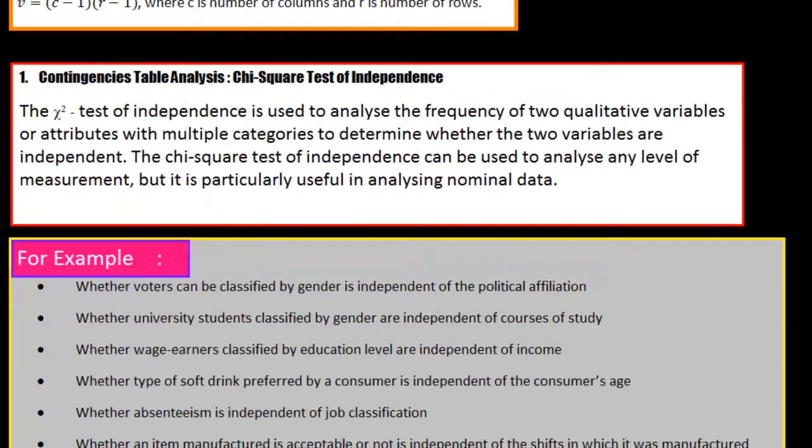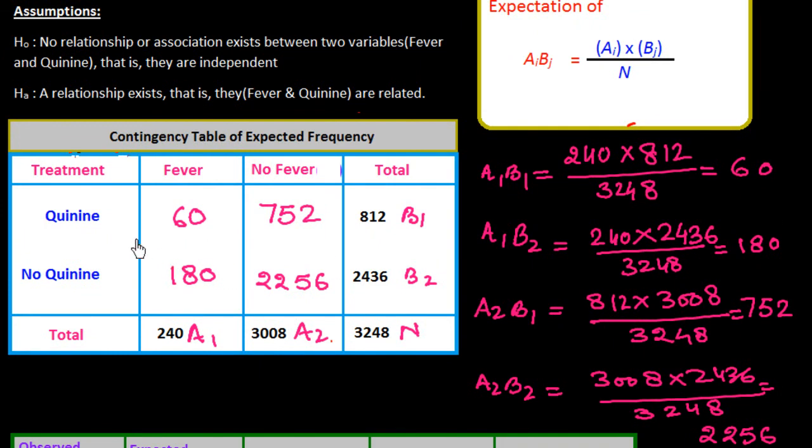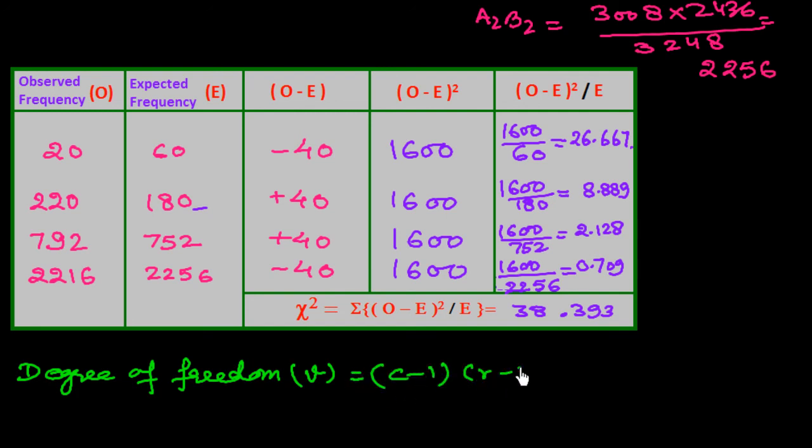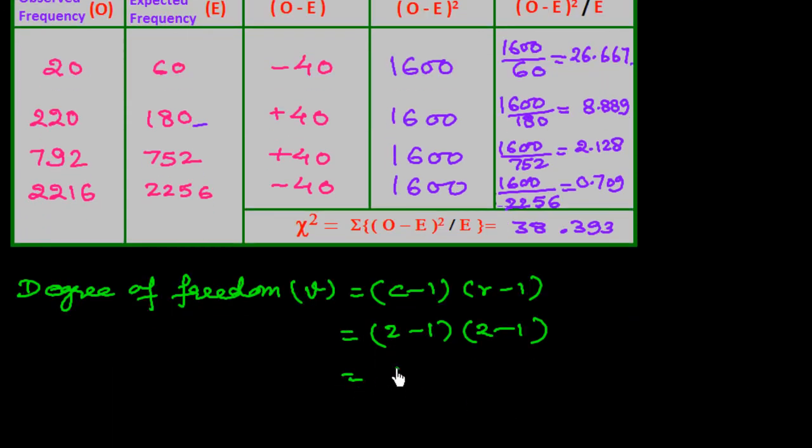In our contingency table we have 2 columns and 2 rows, so V is equal to (2 minus 1) into (2 minus 1), which is 1 into 1.